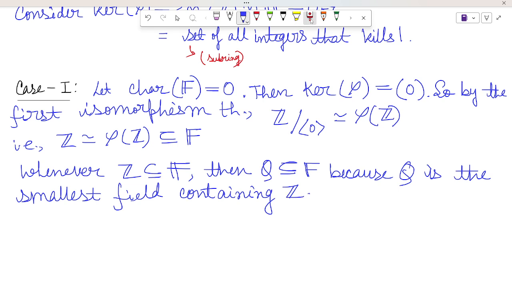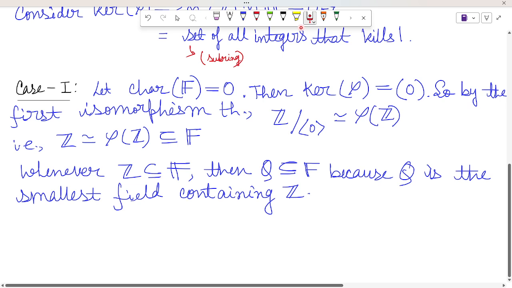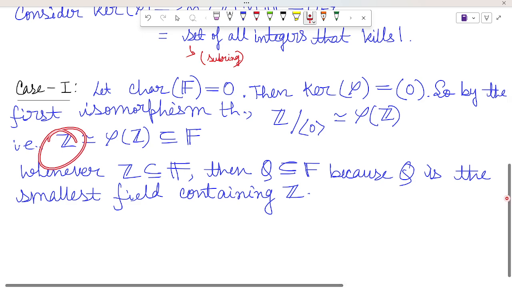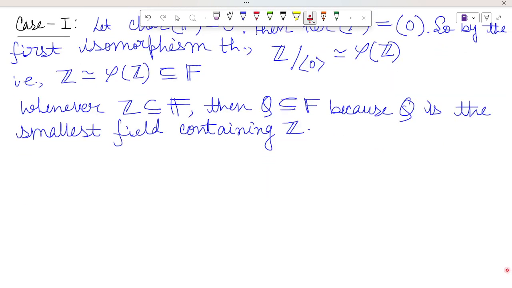And this is Q. This is the smallest field containing Z. And F is arbitrary, any field containing Z. Containing Z means containing an isomorphic copy of Z. Isomorphism does not hamper the algebraic properties. You already know. So it doesn't matter whether it is Z or phi of Z. Why?